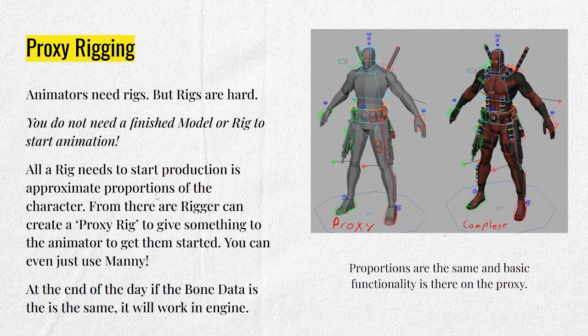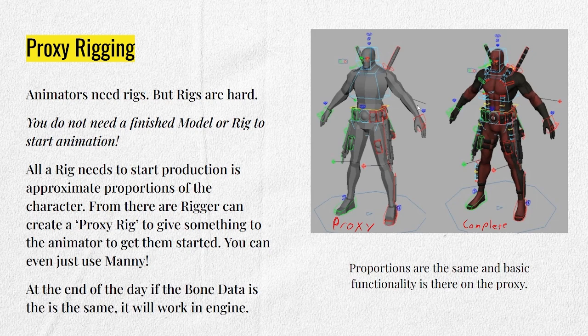Proxy rigging. All right, so production bottleneck, a lot of trepidation going on in that. It's actually fine to start when everything's not finished, as long as you're using a proxy. So, say you have your character model, your character modeler says, hey, this is going to be the final proportions of our character.